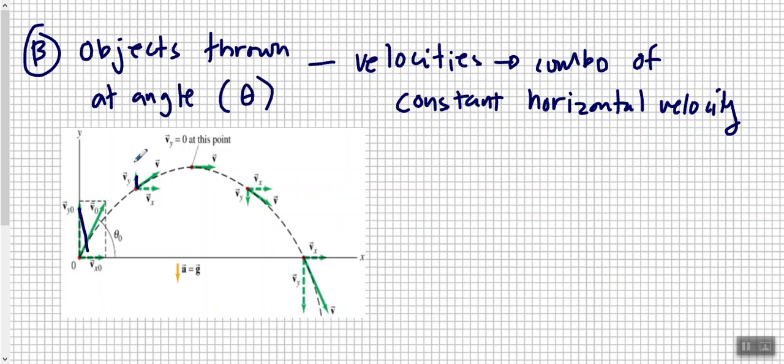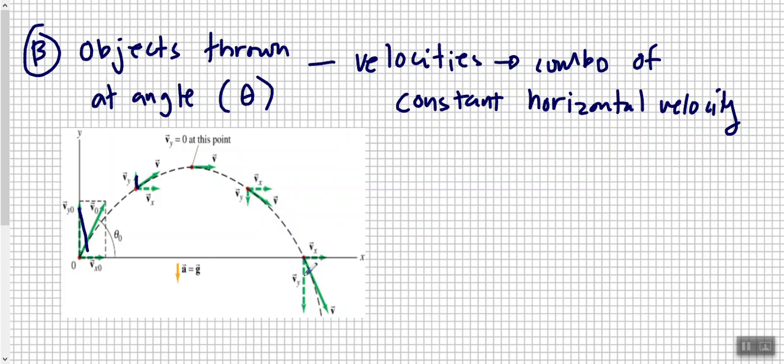Technically it's almost similar to type A, wherein we have the objects thrown horizontally, except that we now have the magnitude for the initial velocity on the y. And you would notice here, as it passes this point, the vertical velocity changes.